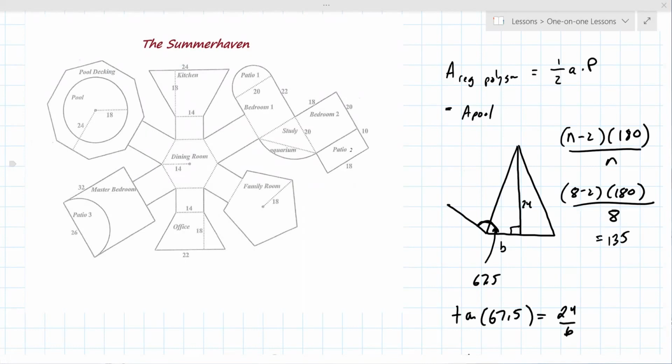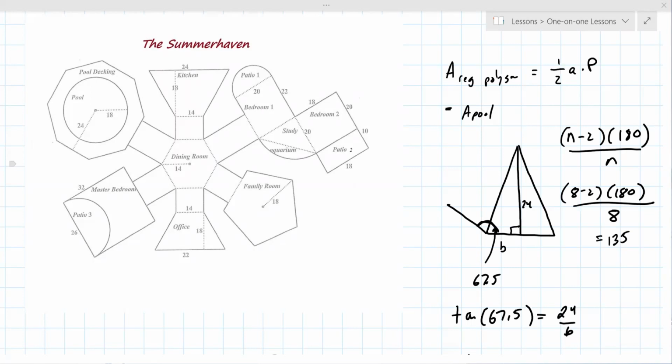So the area is equal to the area of the rectangle minus the area of the semicircle, or patio 3. So the area is base times height of the rectangle minus the semicircle, which we just grabbed from 1/2 times pi times r squared.